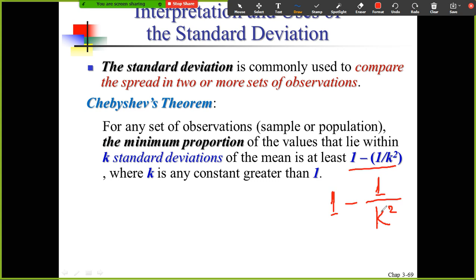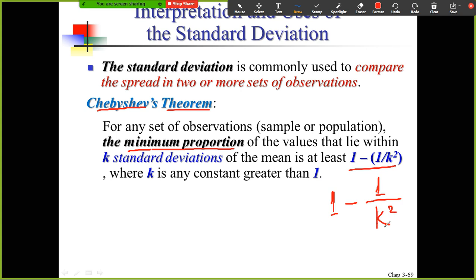Okay, this is k, right? Don't confuse it. K here is the number of classes in our frequency table. So k here is not that. This is not based on the Chebyshev theorem. We don't use grouped data. This is just to find the minimum proportion.